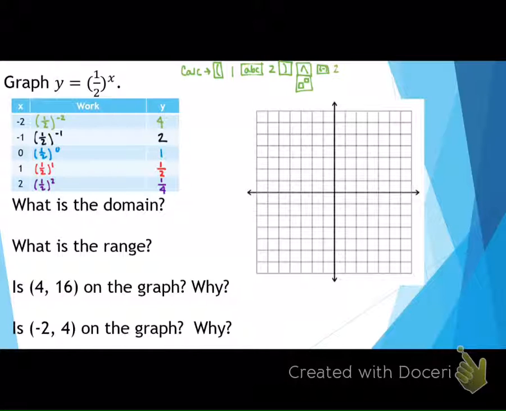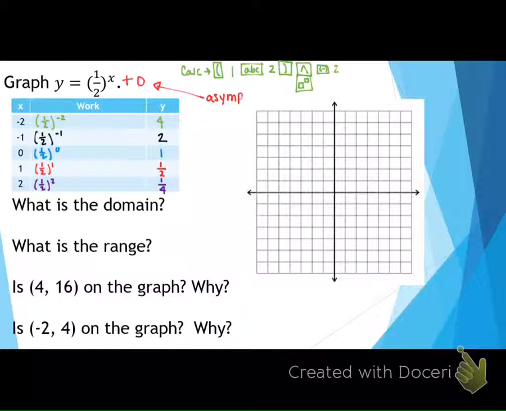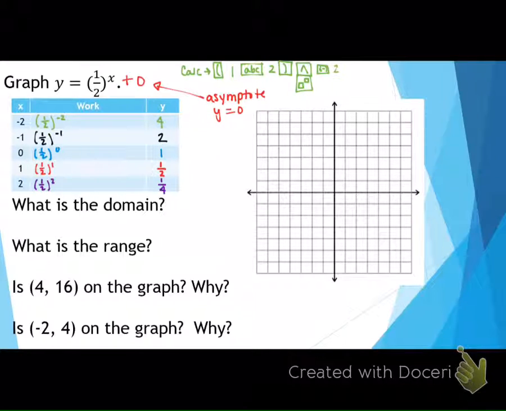Okay, so once you have that there, notice that there is nothing added at the end of this, so your asymptote here is at 0, meaning we will never cross 0 because you're adding nothing to the end. So y equals 0 is our asymptote. So I'm going to draw that in first so that I do not cross it. And then go ahead and plot your points. Did it work? Yeah. Okay. Anybody else still need me?